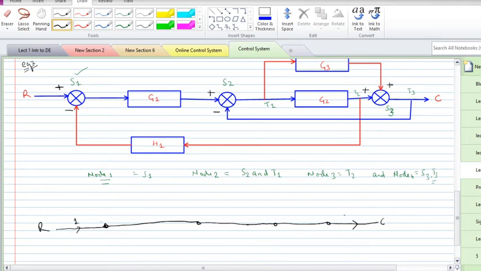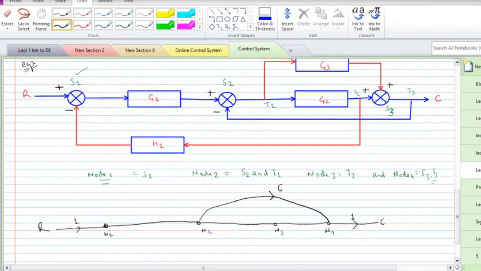Here we have to write the transmittance as 1, and this is node 1, this is node 2, node 3, and node 4. Now because S2 and T1 form the same node, we can draw a line from this node which ends up at node 4.